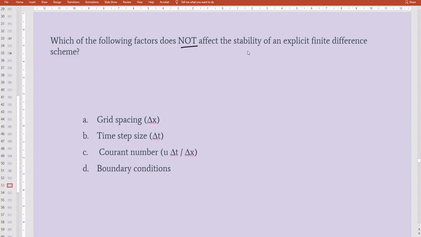So this question is about the stability of the explicit finite difference scheme. By stability, we mean whether the scheme is stable, that is, whether there will be uncontrolled oscillations of the solution, which can happen with our central difference scheme.